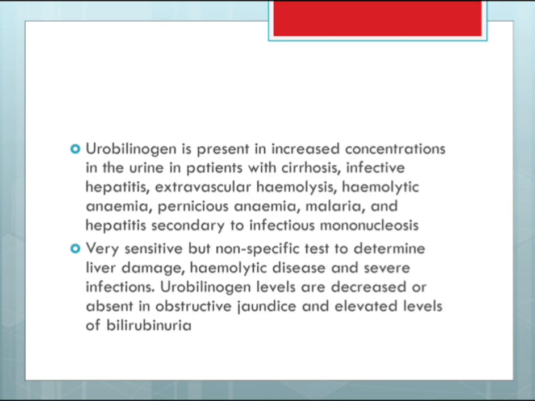Urobilinogen is present in increased concentrations in the urine in patients with cirrhosis, infective hepatitis, extravascular hemolysis, hemolytic anemia, pernicious anemia, malaria, and hepatitis secondary to infectious mononucleosis. Very sensitive but non-specific tests to determine liver damage, hemolytic disease, and severe infections. Urobilinogen levels are decreased or absent in obstructive jaundice and elevated levels of bilirubinuria.